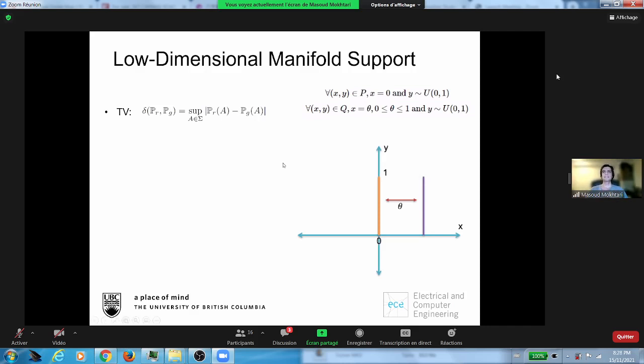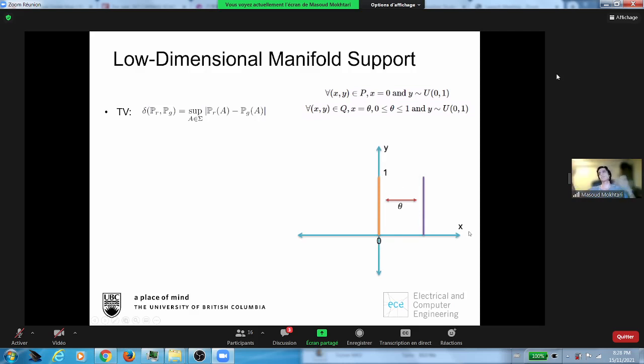So let's see what happens with each of our distance metrics. So for the total variation, we will have two scenarios, right? When theta is 0 and these two match exactly, and when theta is not 0 and these are disjoint. And we can see that they have a disjoint support in this case. So what is the probability of, let's say A is any point here? What is the probability of that point? It would be 1, right? So it's here.